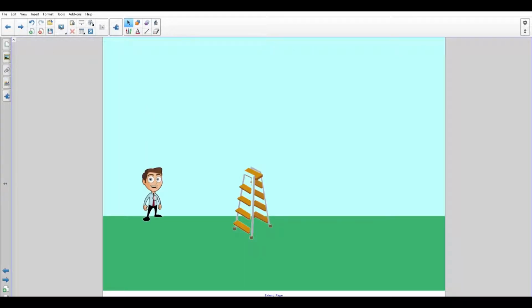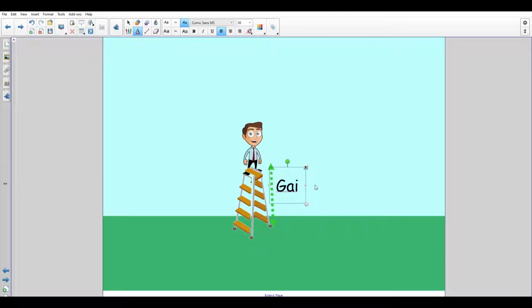So for example, if our little guy here climbs up a ladder, he has gained gravitational potential energy by going up the ladder. He's gained height, so he's got more gravitational potential energy.